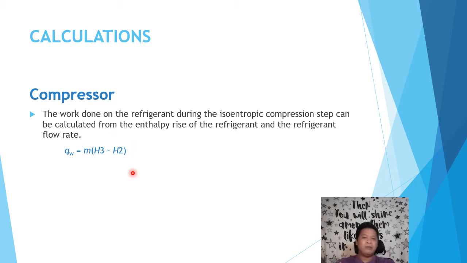Therefore, the work done on the refrigerant during compression is denoted by this equation where M is the mass or mass flow rate of the refrigerant. Okay, and sabi ko nga, typically yung compressor yung pinaka nagko-consume ng power sa ref nyo. Kasi the rest naman halos ilaw-ilaw lang or kung may iba pa silang pump or something or electronics. Pero generally it's this one.